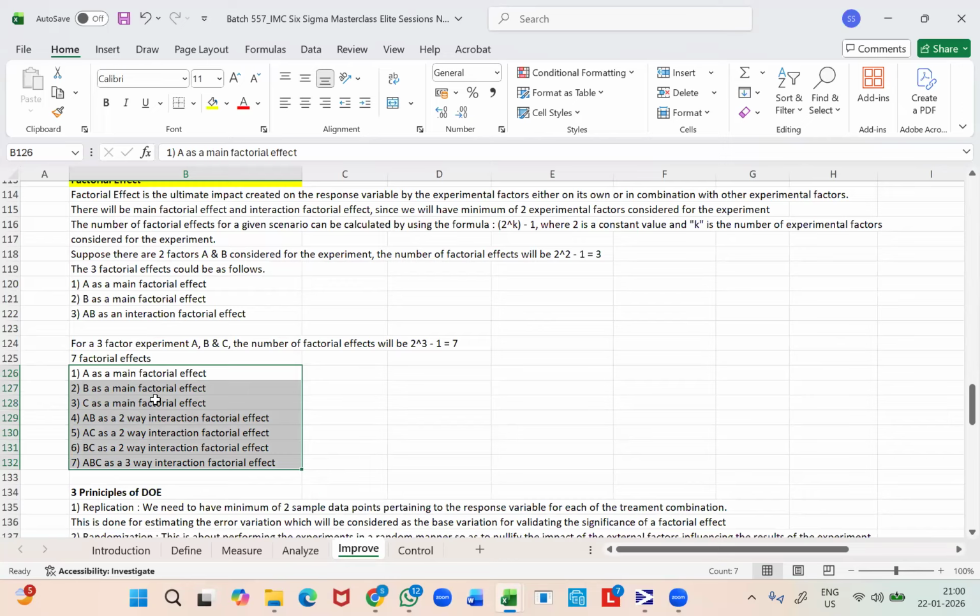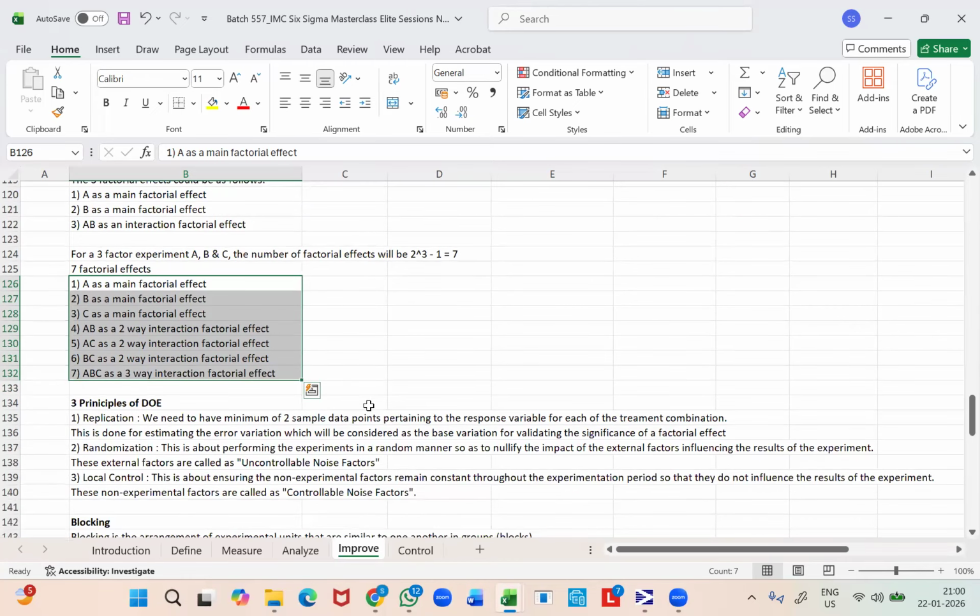So for each factorial effect, we will frame a pair of hypothesis statements. Fine. So this is about treatment combinations and factorial effects. Treatment combinations are for conducting the experiment. Factorial effect is for analyzing the data and validating for its significance.